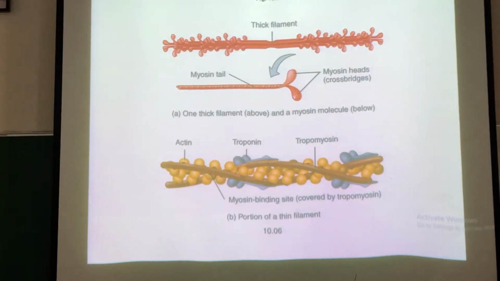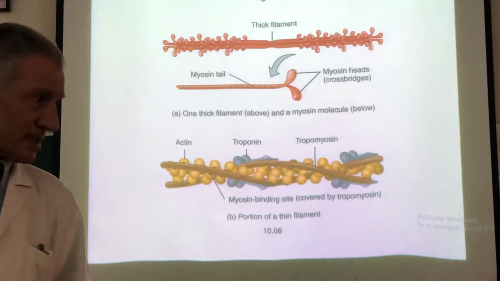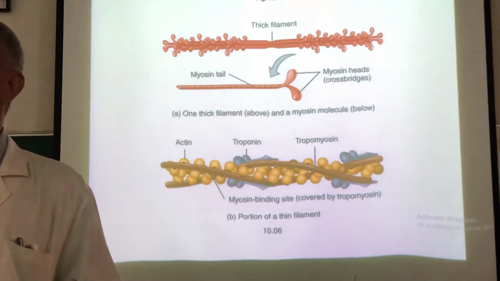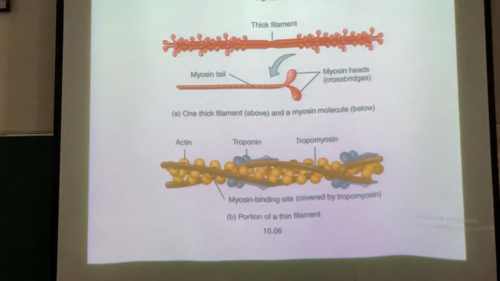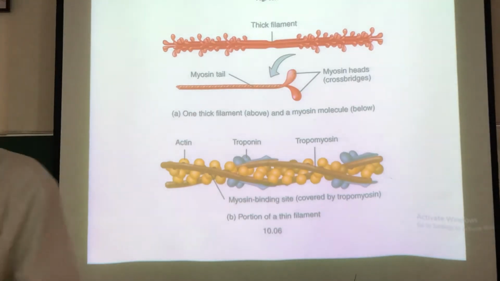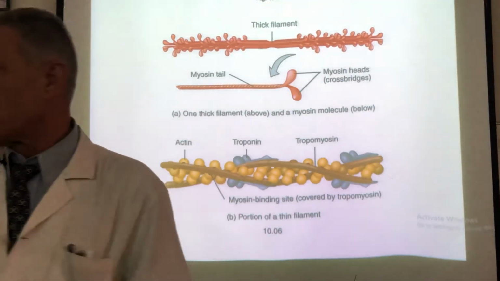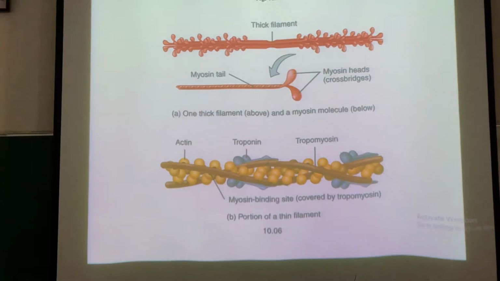how are we getting the process of interaction, and how are we getting the process of shortening? Before talking about this issue, we have to know the ultrastructure of the thin filaments, the molecular structure of thin filaments and the molecular structure of thick filaments, to understand the process of interaction between thick and thin filaments.